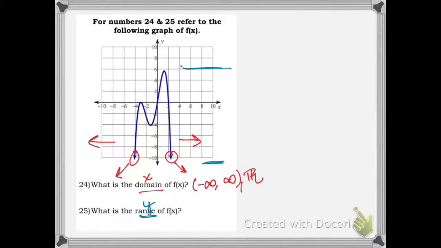On the bottom, just like on the domain, I have arrows, which means I'm going to start at -infinity. But the top of the figure stops at the y value 6. So I'm going to say that. Another way to say it is that y has to be less than or equal to 6.